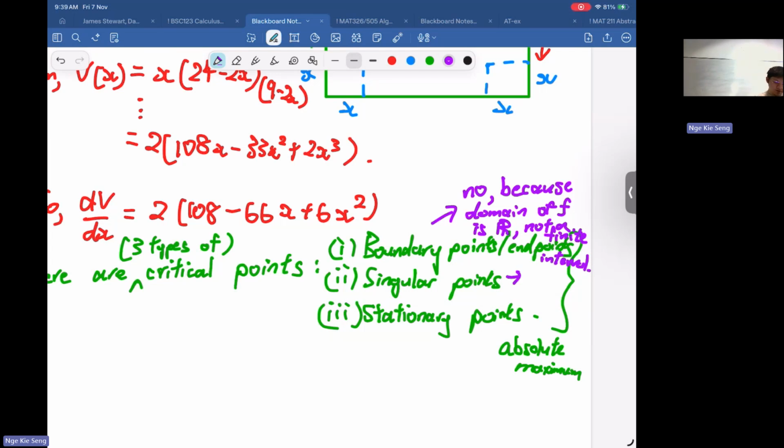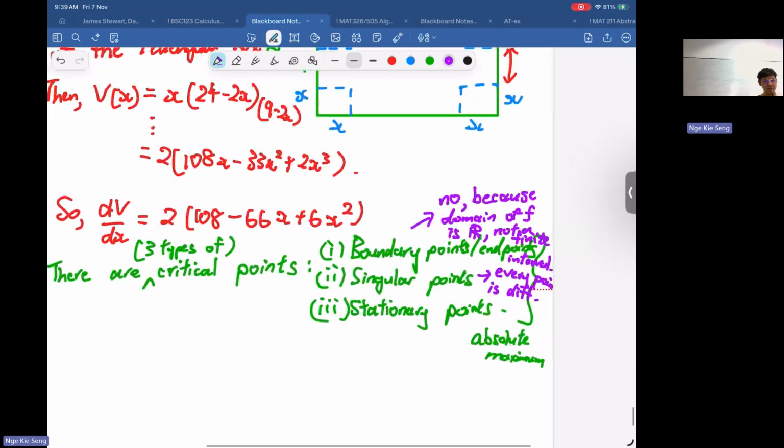No need to check either because every point is differentiable. There's no point that is not differentiable. Polynomial is nice. So now we are just left with stationary points. Okay? So these are the points where the tangent lines stay static, horizontal. So these are the points you need to check.